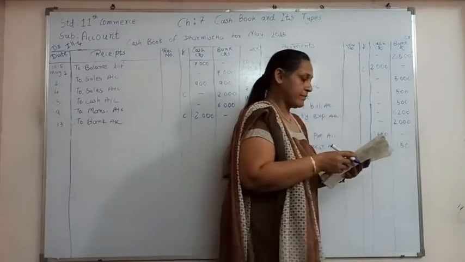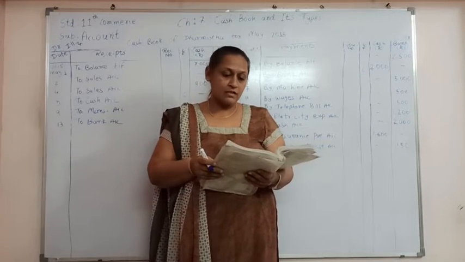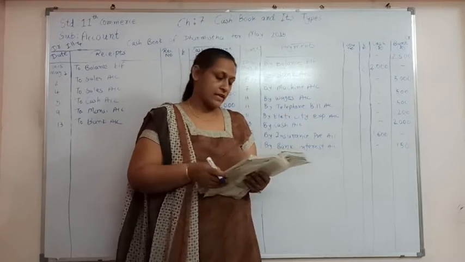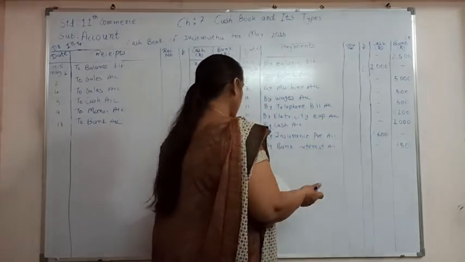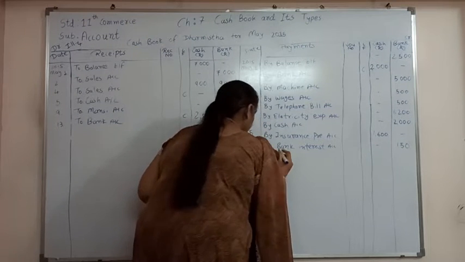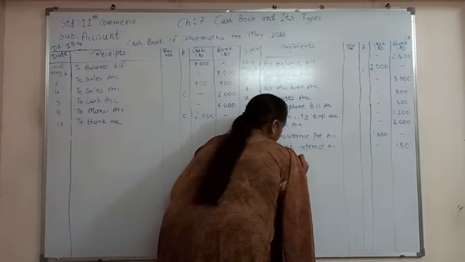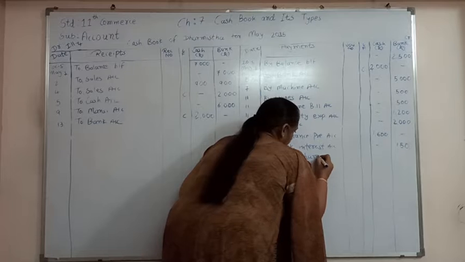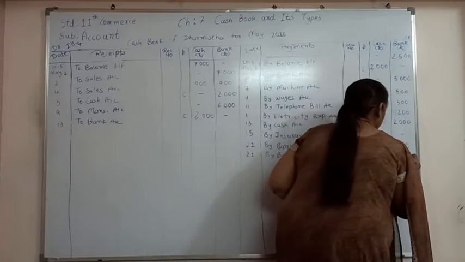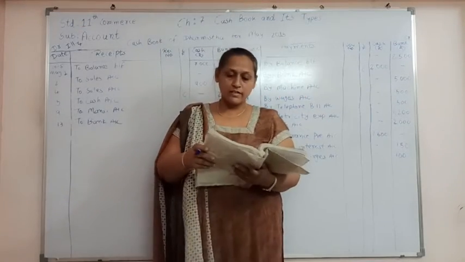And next, on the same date, 21, rupees 100 for bank charges, and it is informed to us through bank advice. So again the bank has debited bank charges, so that is also our expense. For that, by bank charges account, and that will be 100. Okay, so that is on date number 21.